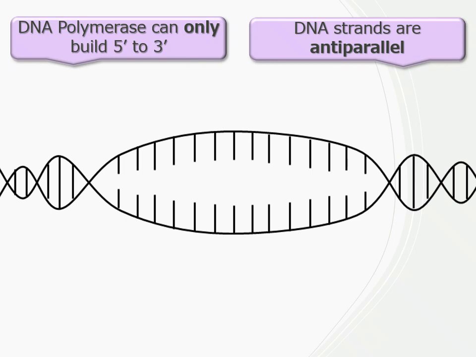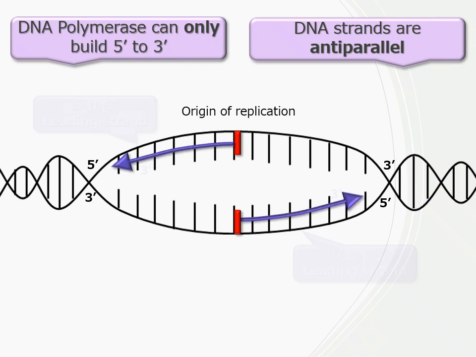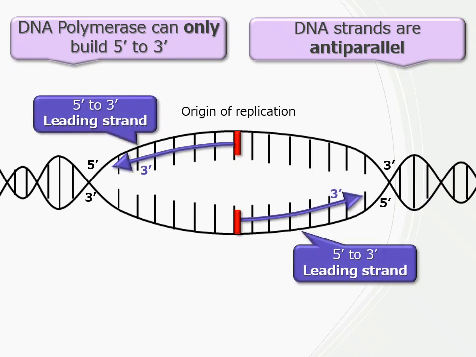Let's consider our replication bubble here, which, as you can see, is centered around the origin of replication. Since the strands are anti-parallel, the 5' end of one is partnered with the 3' end of the other. As DNA replication proceeds in both directions from the origin, we have two different scenarios going on. Firstly, we have the sections where the 3' end of the new strand is at the same end as the replication fork.